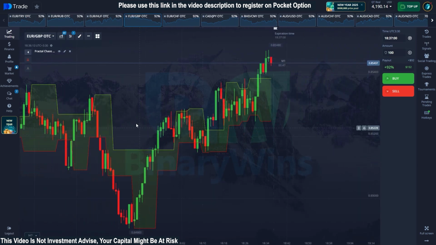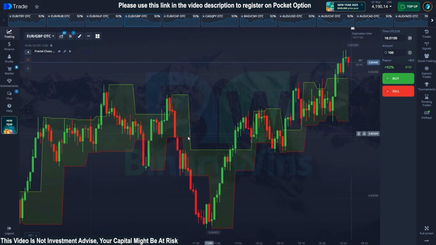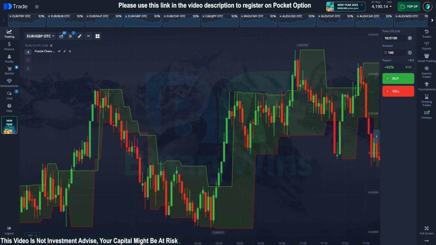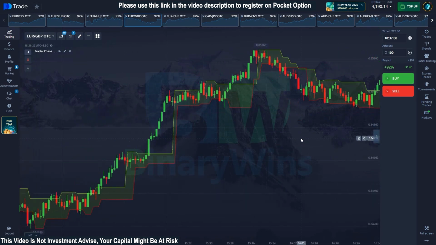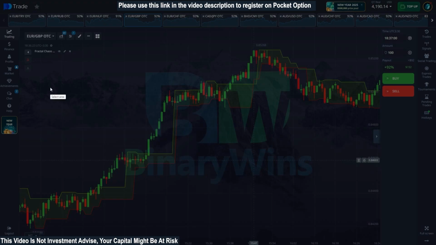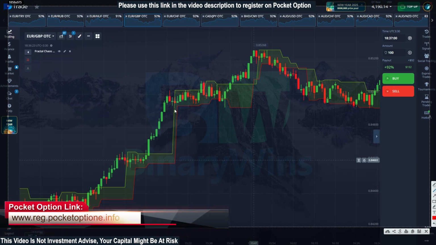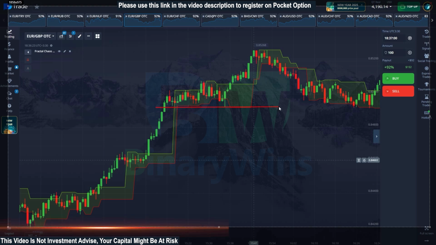This indicator draws support and resistance lines that can be useful to us. That is, whenever the indicator lines are horizontal, we probably have a level.